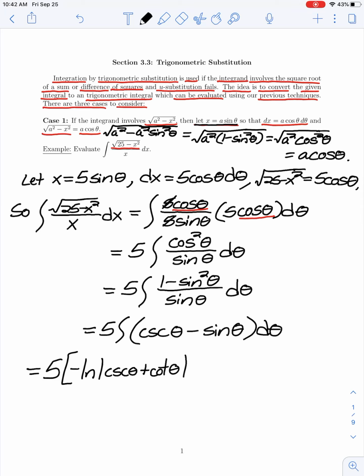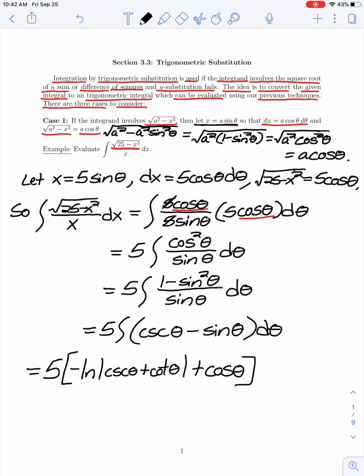Recall we had derived that formula in our section 1.5 on substitution. It worked very similar to the antiderivative for secant theta. And then minus the antiderivative of sine theta, which is negative cosine theta. So we get a plus cosine theta.